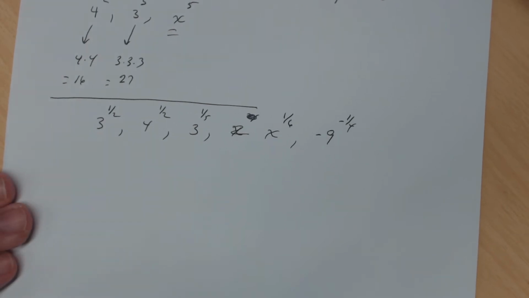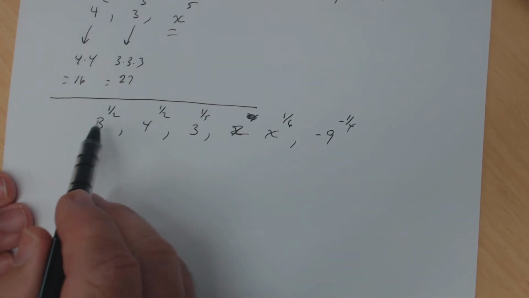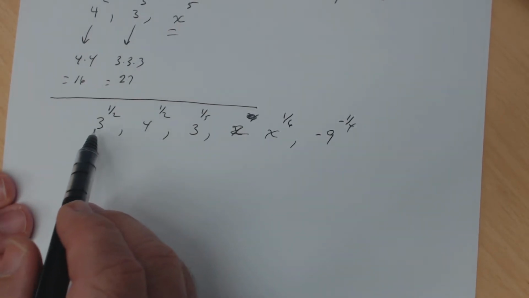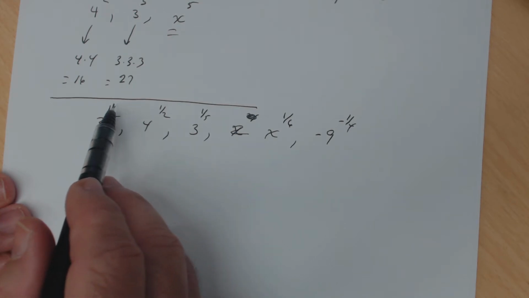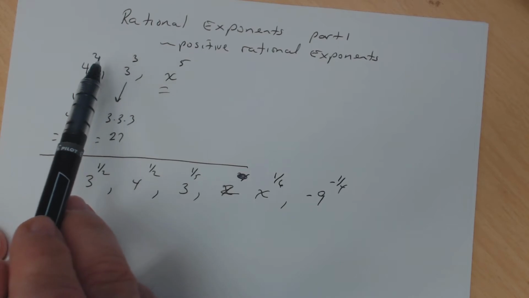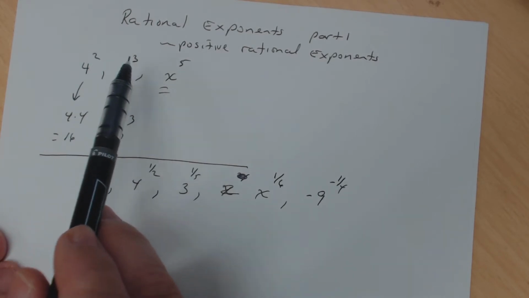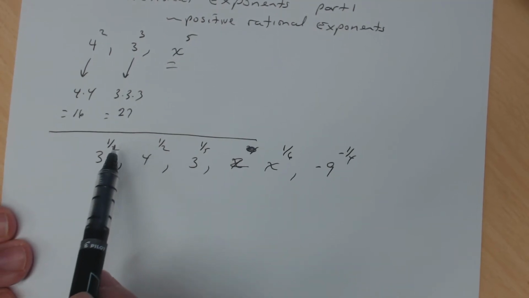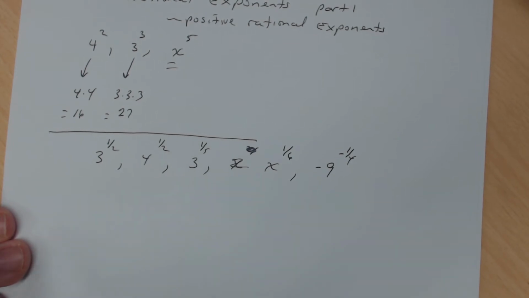So we have to talk about what that means. How do we deal with an expression that has the exponent 1 half? We all know how to deal with an exponent that is a positive integer, but we've never dealt with one that looks like this. What does 3 to 1 half mean? What does 4 to 1 half mean?